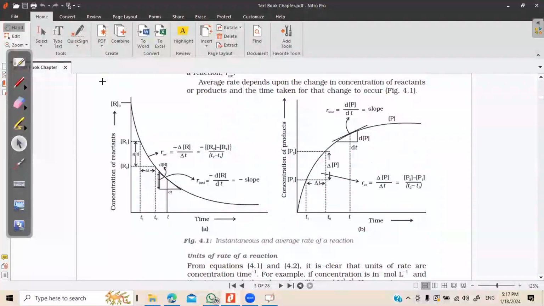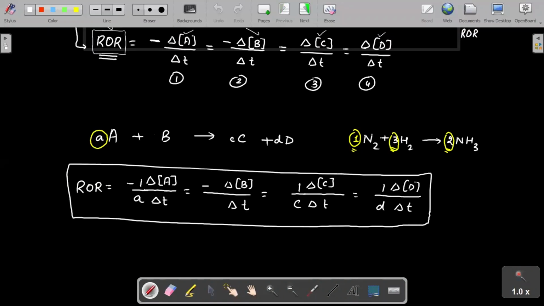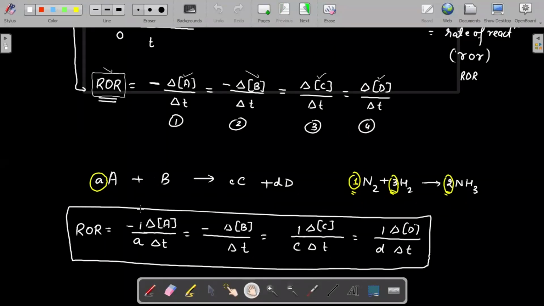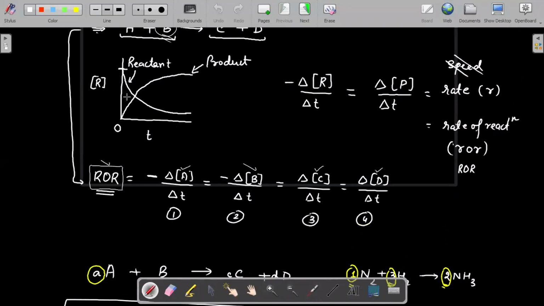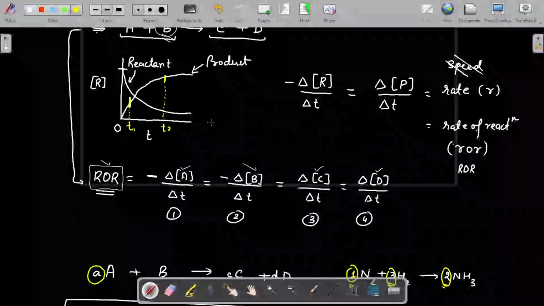When we studied the previous slide, we were finding the concentration at a point. So there is a time t1 and there is another time T2. So what is delta T here?